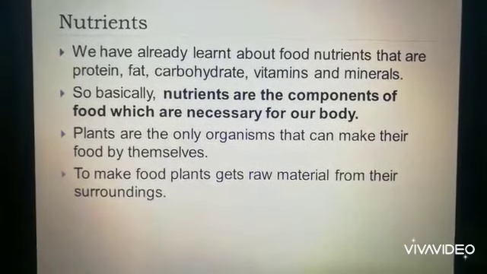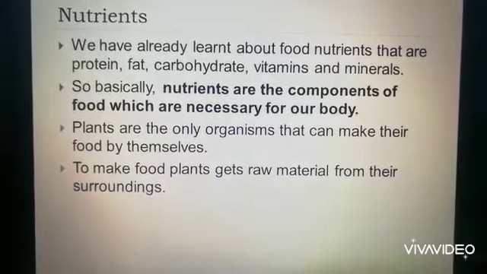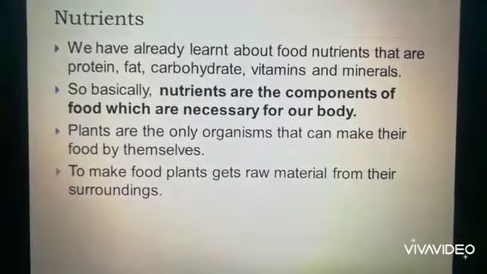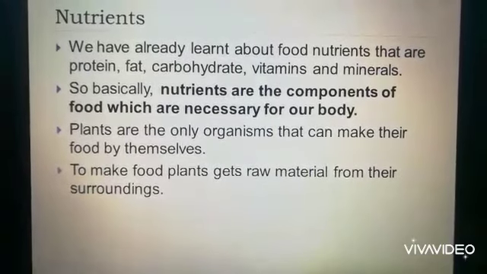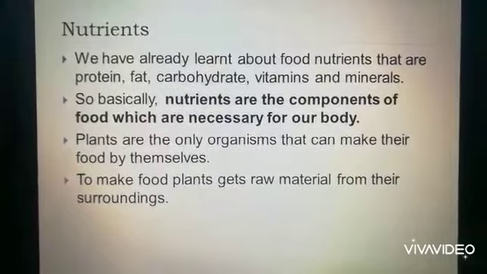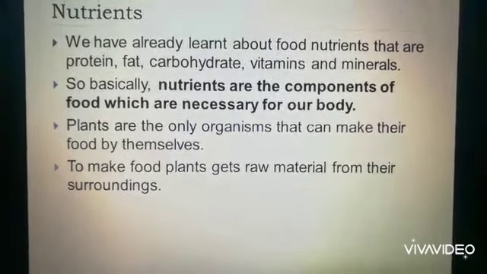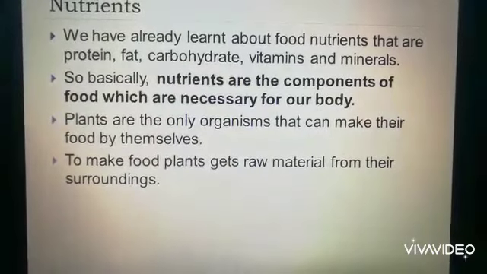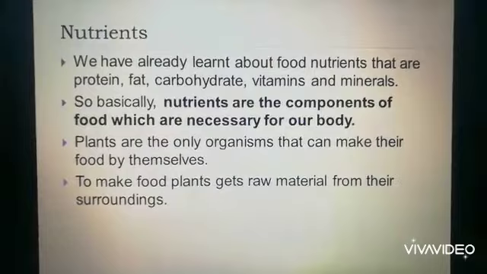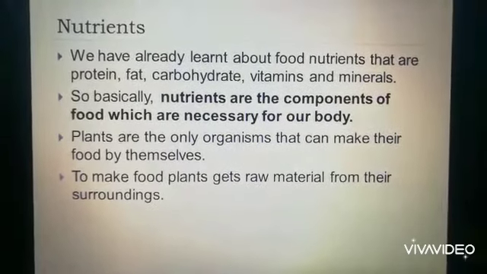As we already know, plants are the only organisms that can make their food by themselves. Making food by themselves does not mean cooking; plants are able to make fruits, vegetables, pulses, grains, etc. To make anything, we always require raw materials.